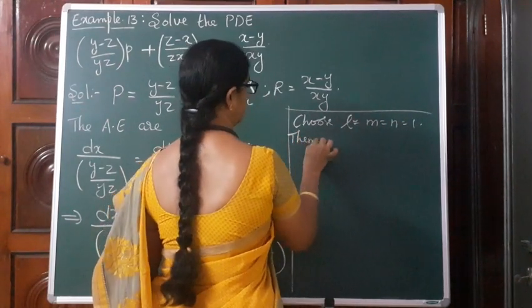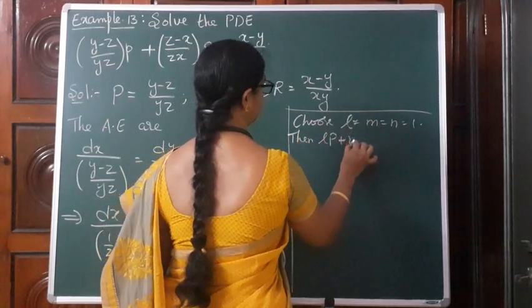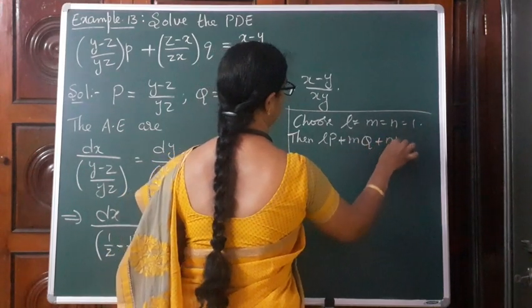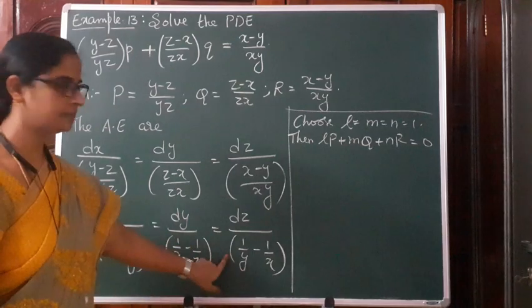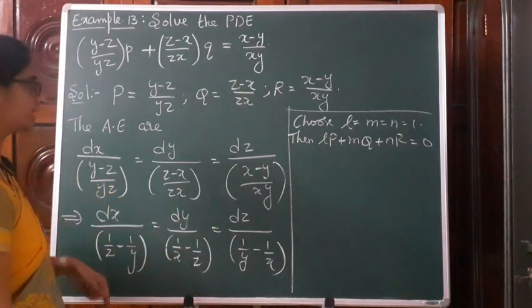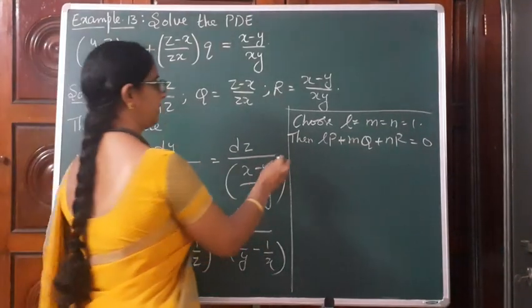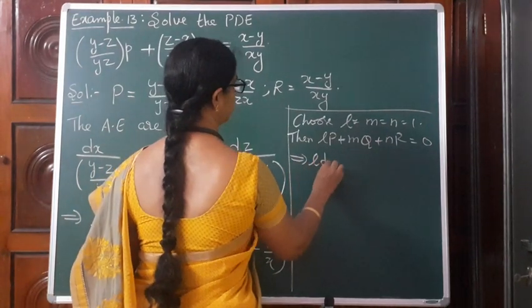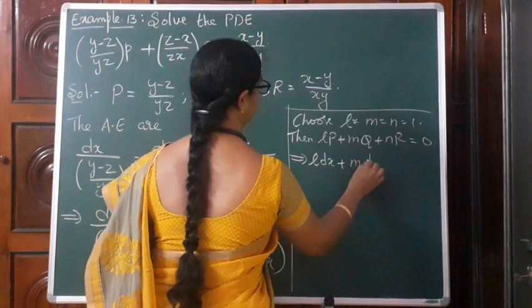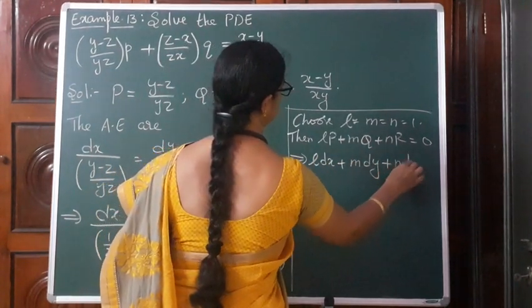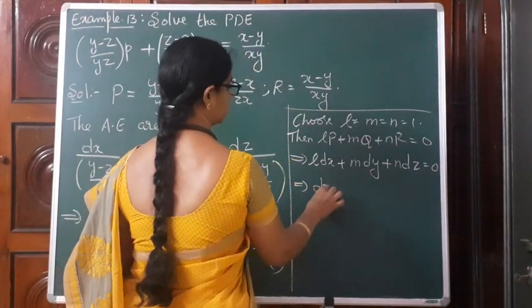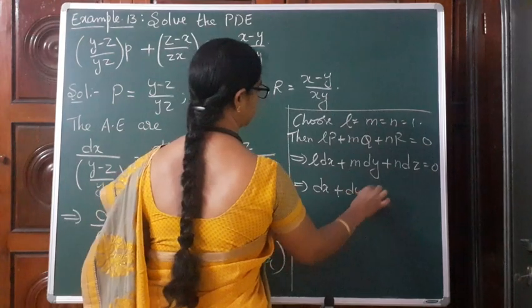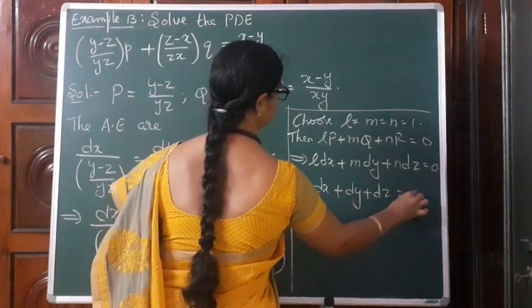Then LP plus MQ plus NR is 0, because 1 into this plus 1 into this plus 1 into this, all the terms get cancelled and we get 0. So if LP plus MQ plus NR is 0, then L dx plus M dy plus N dz is equal to 0. That means dx plus dy plus dz is equal to 0.